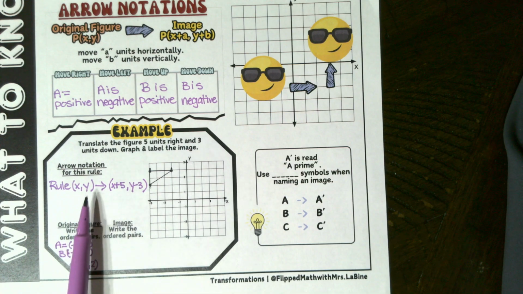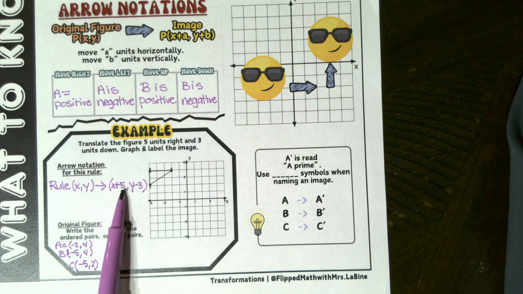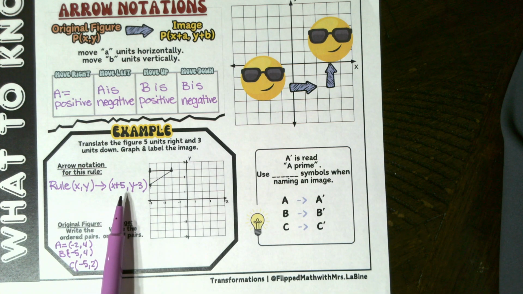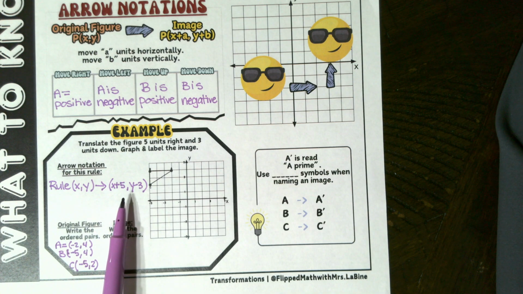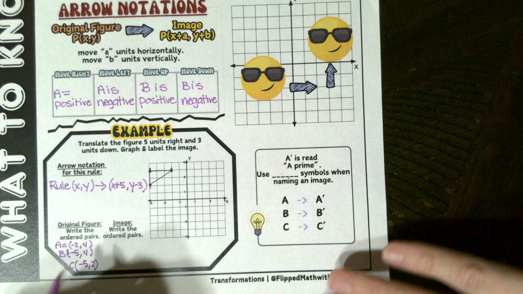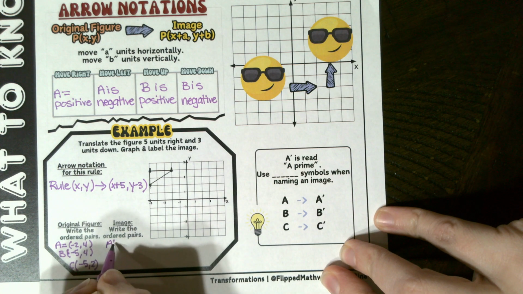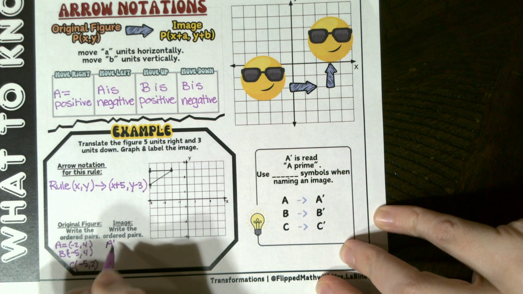So now I have to change these. I have to add 5 to my x and subtract 3 from my y. So -2 plus 5 becomes 3. So let's just write these out. I'm going to tell you about that symbol in just a second.